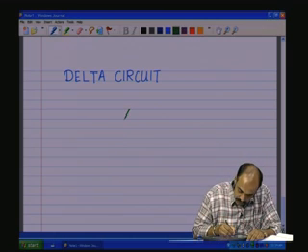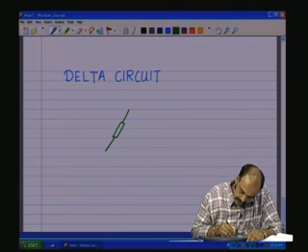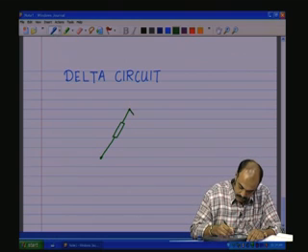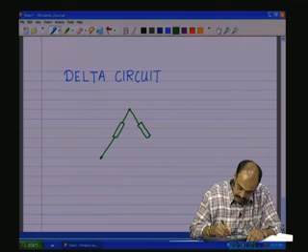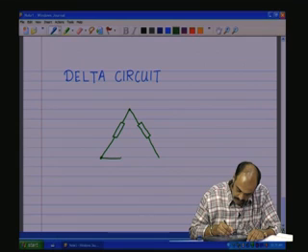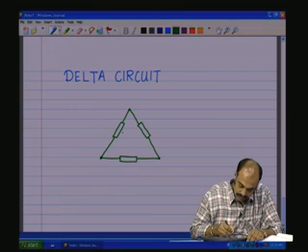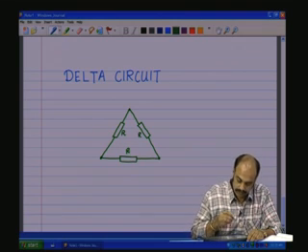We have the load connected in the pattern of a delta, a triangle, basically an equilateral triangle shape, as shown here, as we are constructing here. It has of course 3 R's, 3 loads.